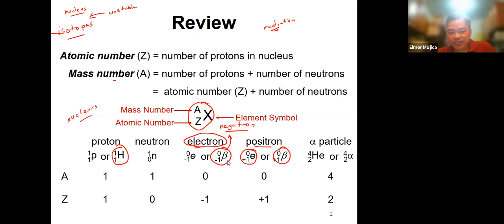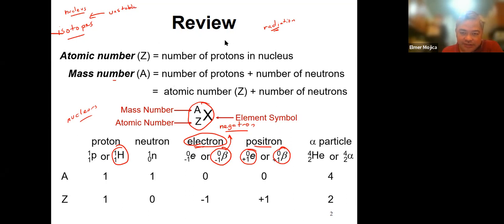But if your beta particle is the typical electron, ang tawag sa kanya ay yung tinatawag na negatron. And if you're going to look at the reactions, so usually when you have this so-called beta decay, one of the products that's formed is a negatron.